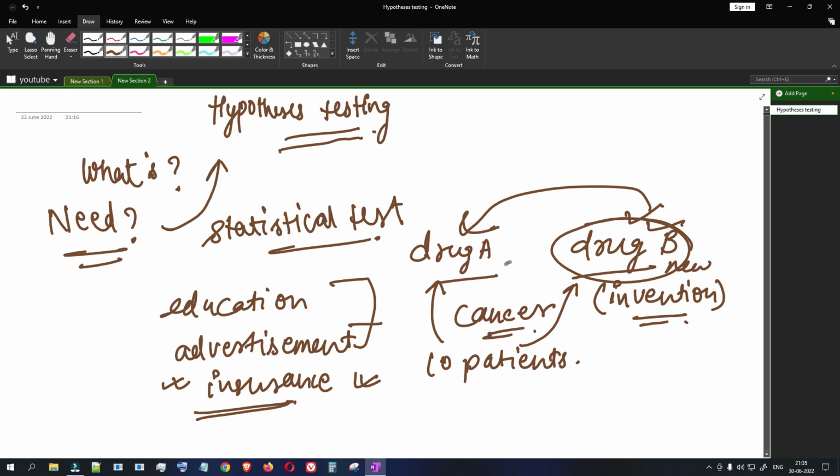So first of all, we want to check if is it really a change, is it really more effective than the previous one. So this is our question, and we can do this by our statistical test. Yes, it may seem surprising, but we can do it with the statistical test. So now you can understand the importance.